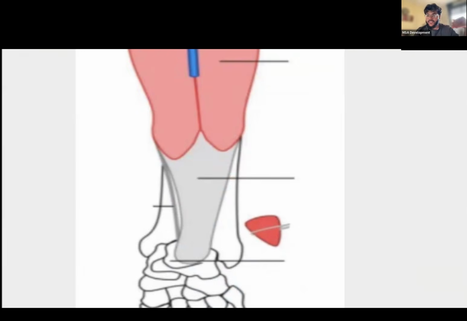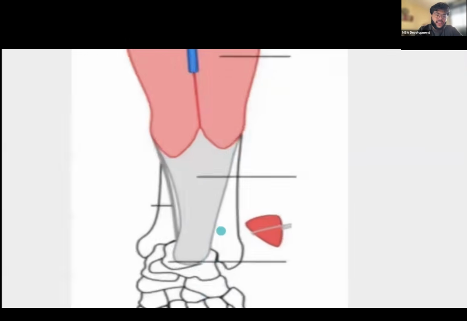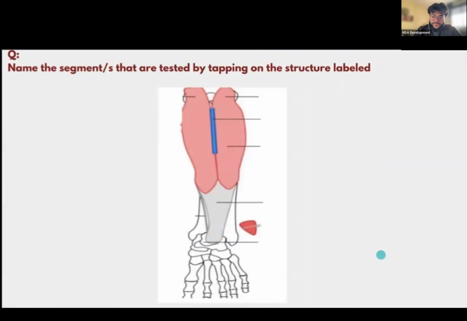The Achilles tendon is formed by the gastrocnemius and the soleus muscles, as shown over here, which converge to form the calcaneal tendon. The nerves that are stimulated once the tendon is tapped are the S1 and S2 spinal segments, causing the jerk of the soleus and the gastrocnemius muscle.